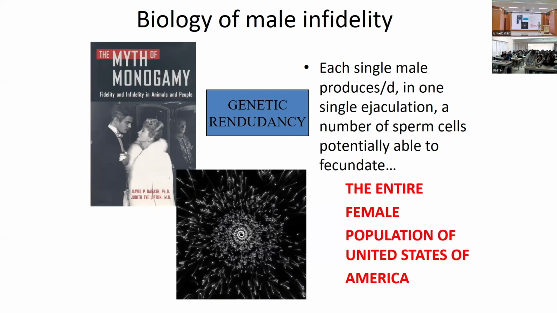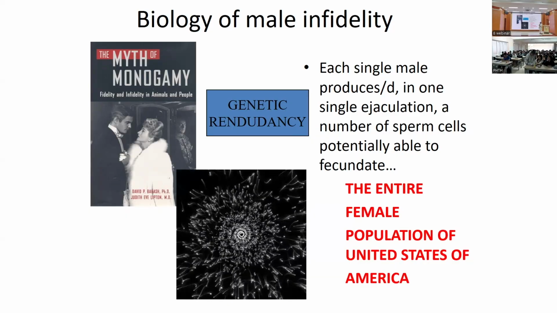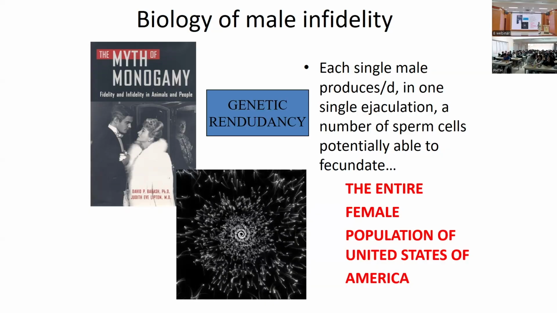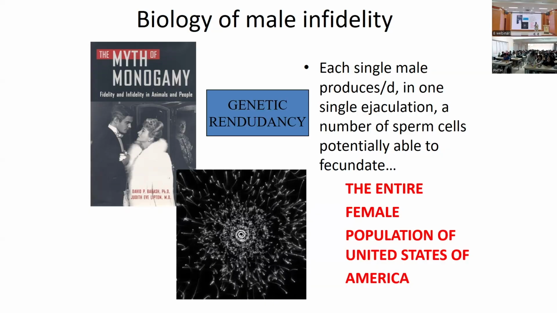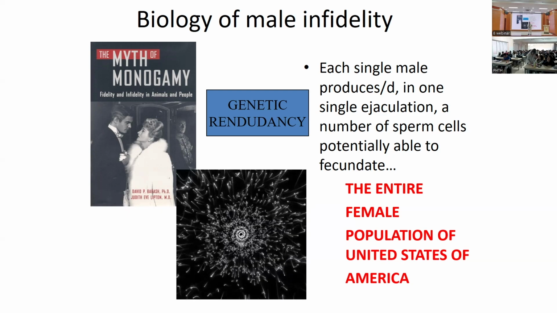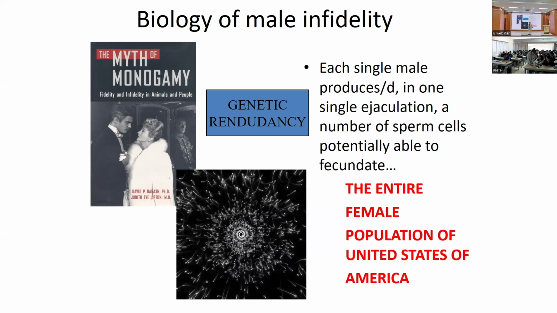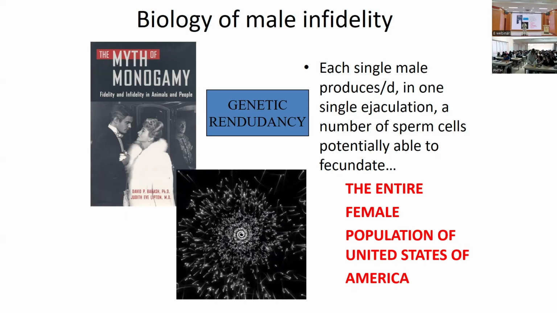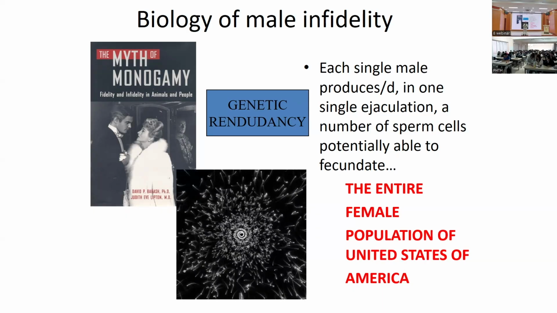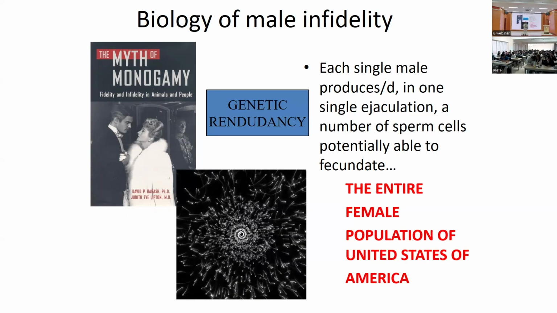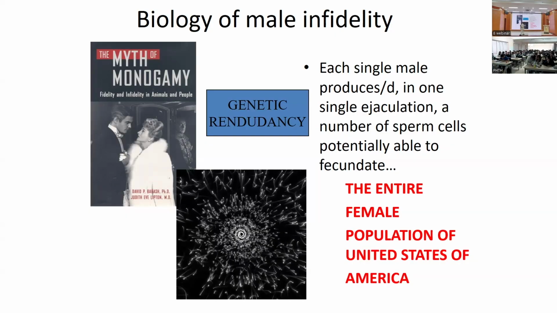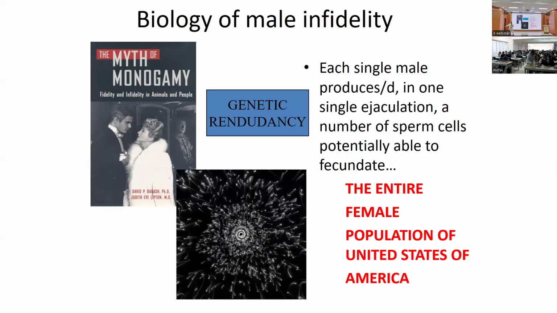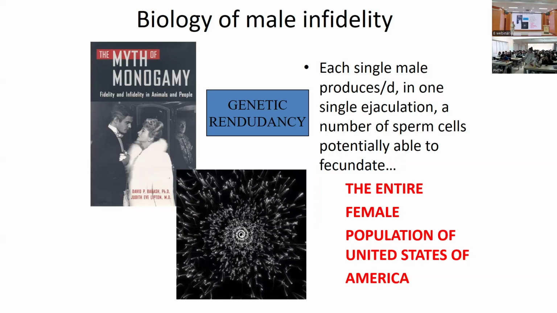So this is definitely what we can call genetic redundancy. The genetic redundancy means that the male strategy could be that one, to fecundate as many people as possible, because at the end of the story, the real risk for the male is not so high to take care of the possible offspring. Of course, I'm talking about unfaithful males, not the monogamous male.